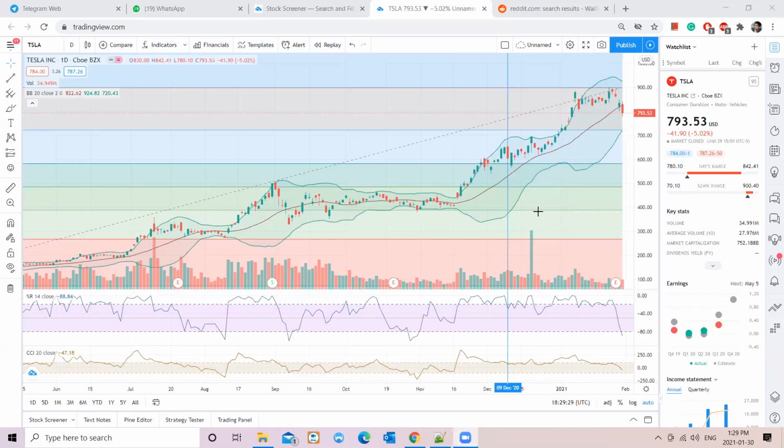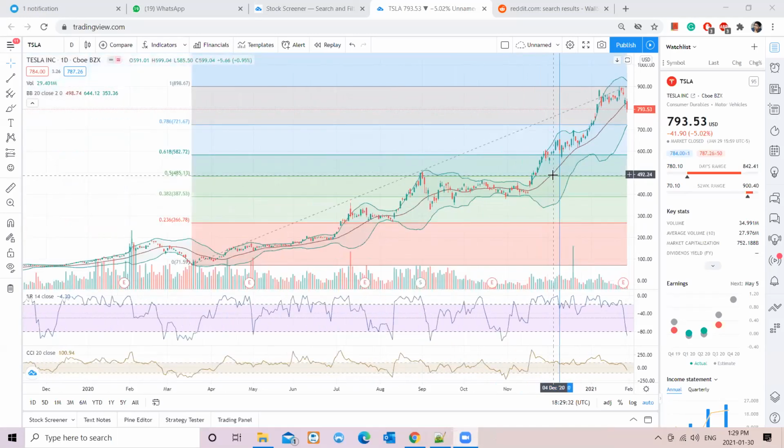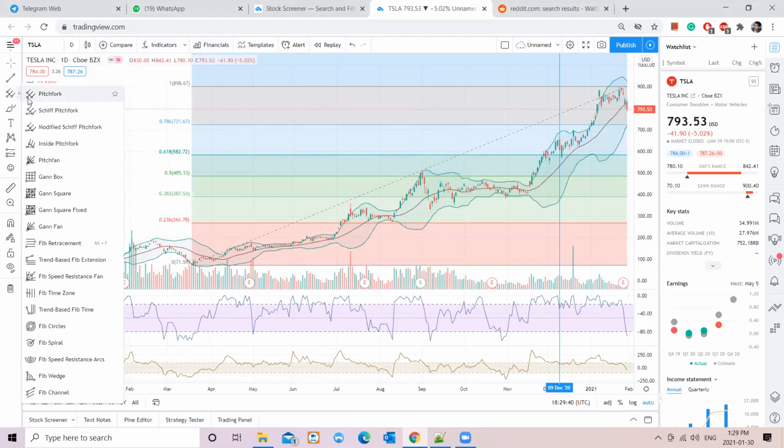Right. So there's a question in the chat about how to use this Fib Retracement. It's here under this.